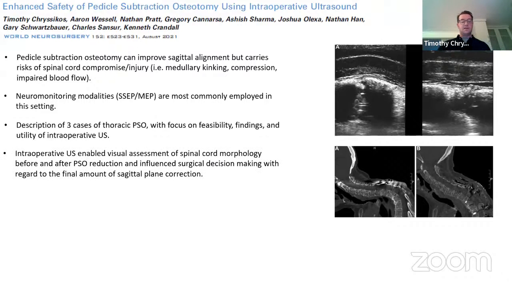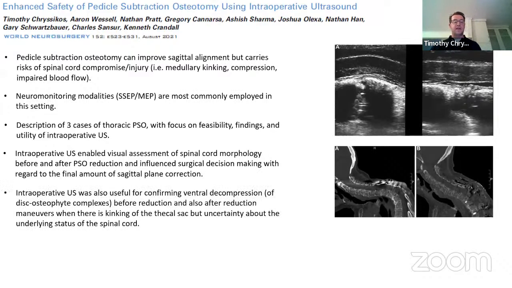What we found is that in each case we were able to visualize spinal cord morphology at each phase, before and after closure of the PSO wedge. In certain instances, it actually influenced our surgical decision making, specifically with regard to the final amount of sagittal plane correction.